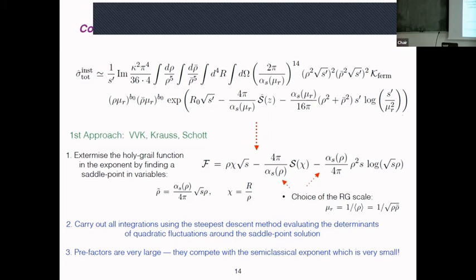So what we've used for the determinants is basically the product of one instanton and one anti-instanton determinants. Computing these determinants for not well separated instantons is a pain in the neck. I haven't tried to do it.